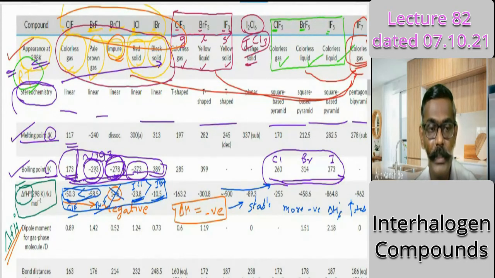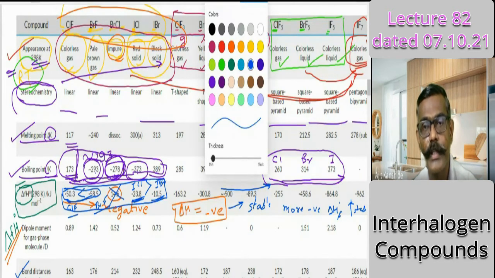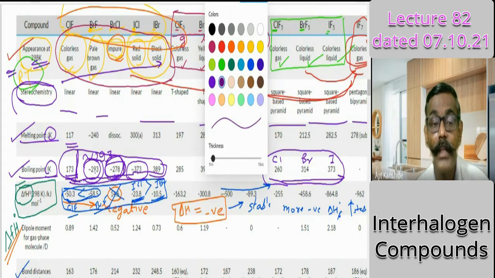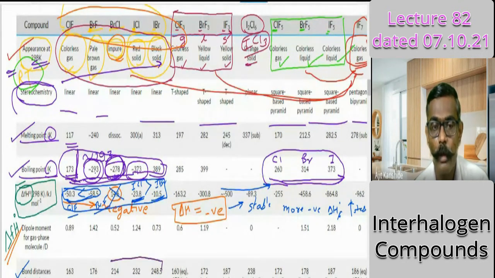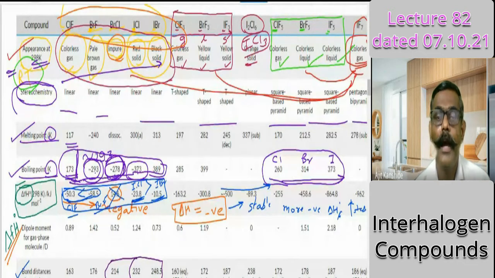Next point, because it's related: bond distances. When more stability is there, more energy comes out, more negative enthalpy change, bond distance was expected to increase. You will find here that one of the factors. Compare ICl and IBr. Who is more stable? ICl is more stable.